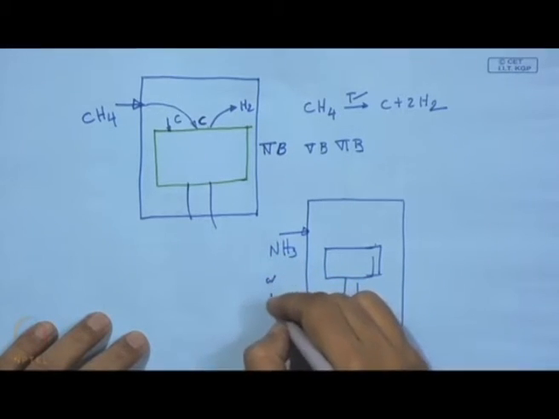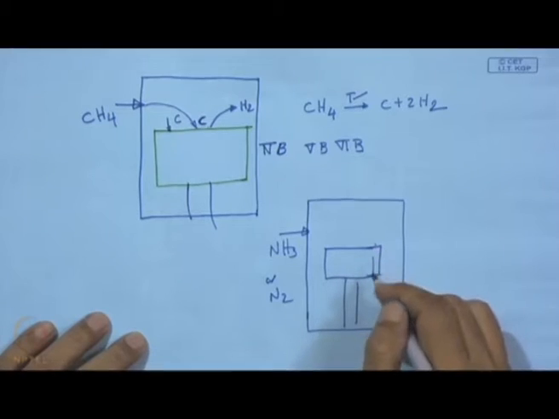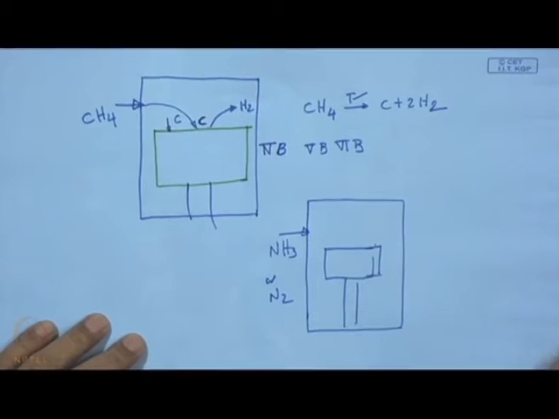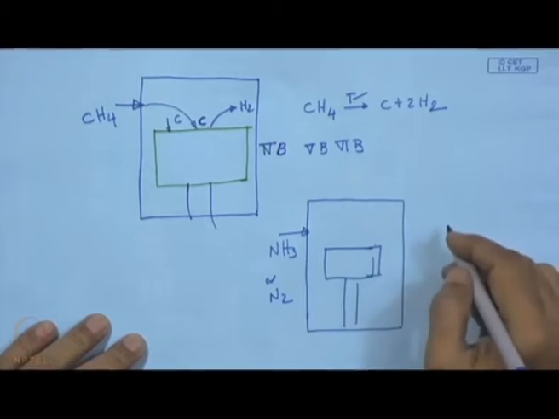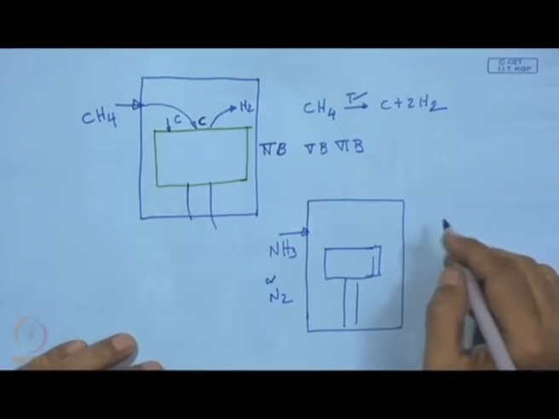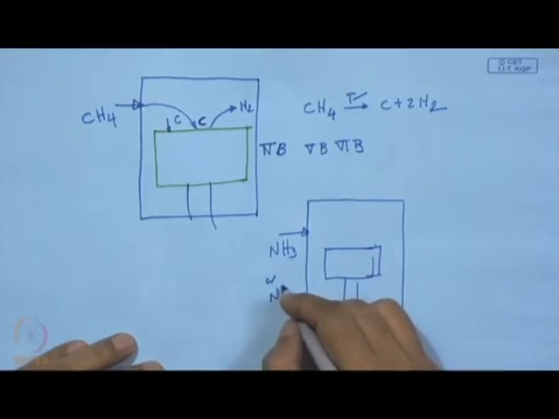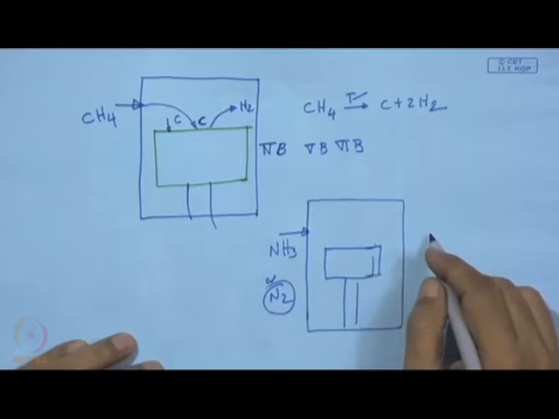It is also revealed that with NH3 the requirement of temperature can be brought down to around 600, whereas when it is just nitrogen it can be as high as 900 degrees centigrade.